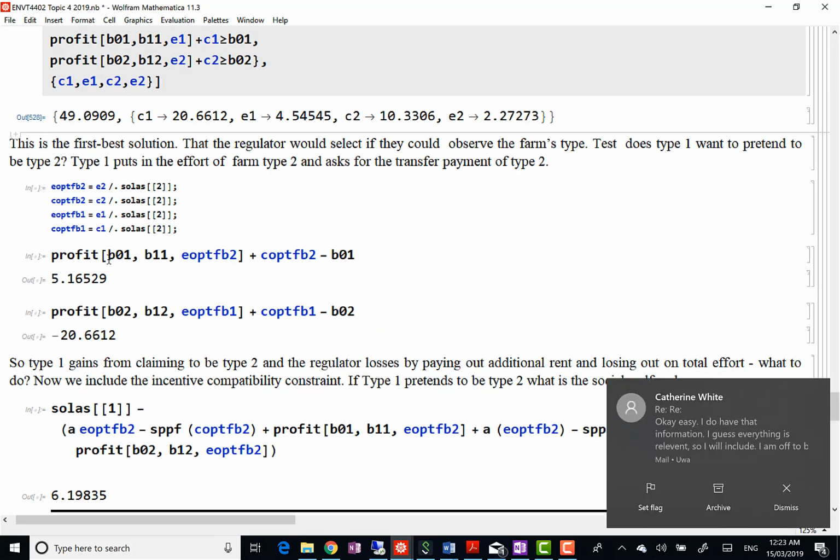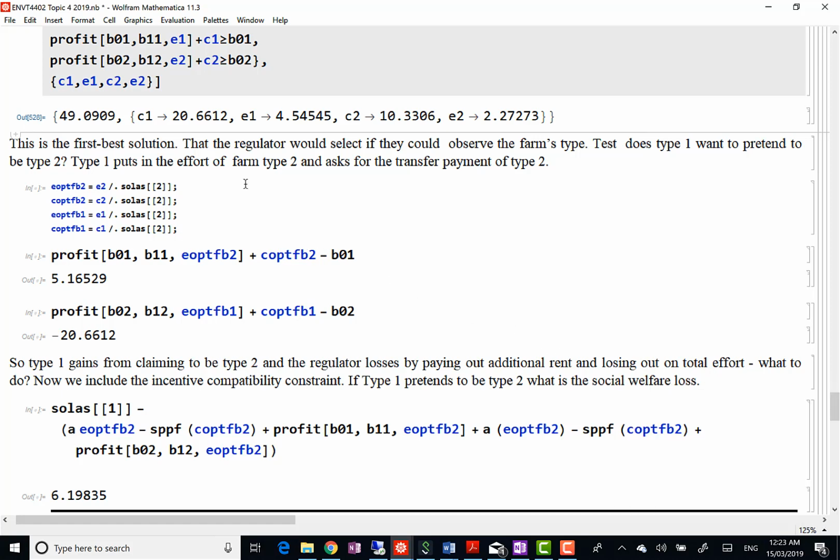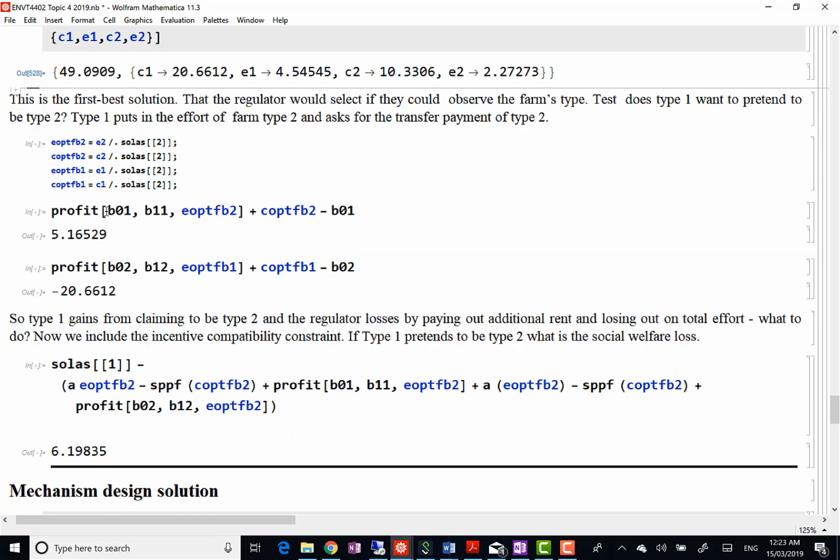Now, the next step is to check if farmer 1 would like to pretend to be farmer 2. Is there any incentive, if the regulator is trying to offer two separate contracts, for farmer 1 to choose the contract that's intended for farmer 2?